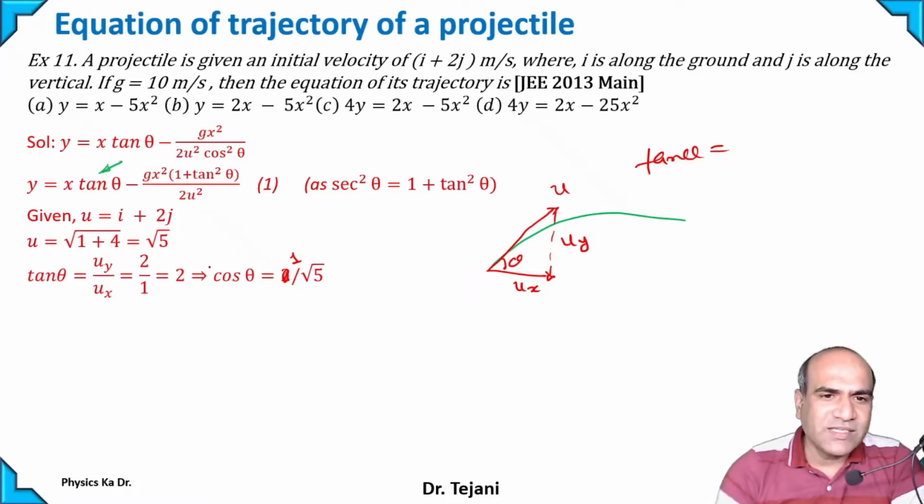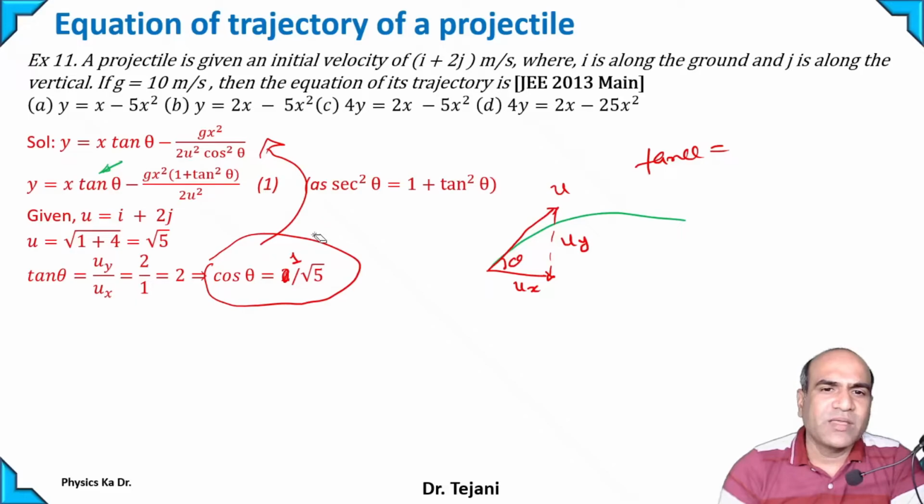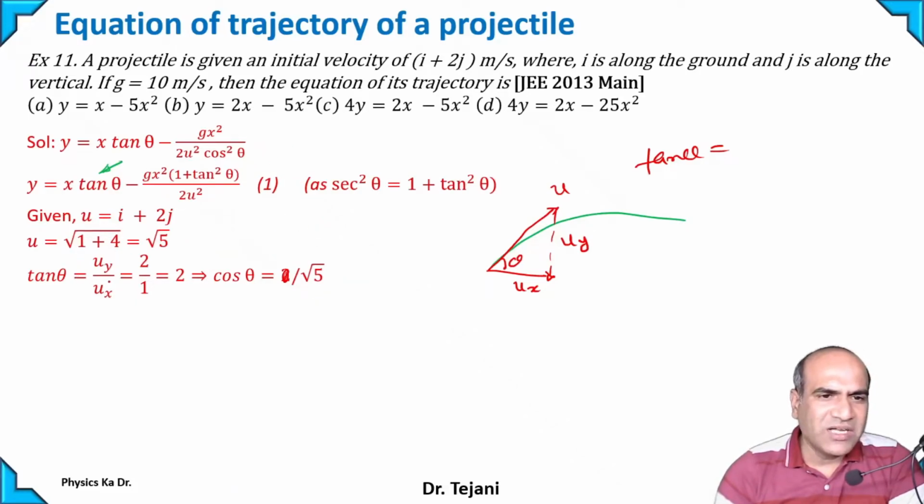You can convert this in this form also, or you may use the original equation and put this here. But it is better not to use the original equation; go with tan theta is equal to 2 by 1.